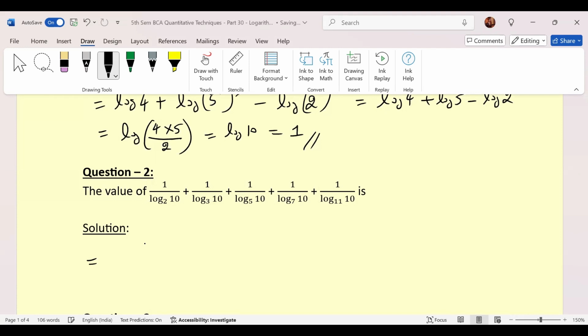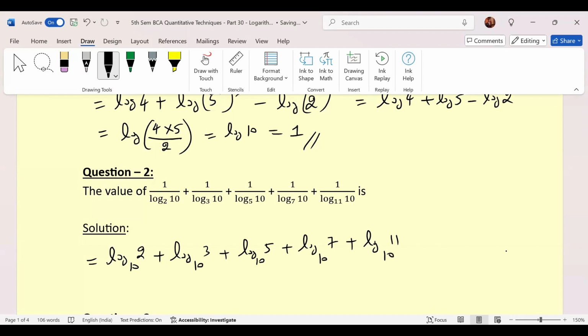All these can be written as, if I take this to the numerator, the base will change, meaning it will interchange: log 2 to the base 10, log 3 to the base 10, log 5 to the base 10, log 7 to the base 10, log 11 to the base 10.